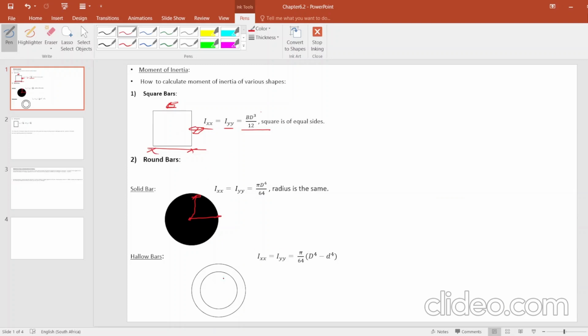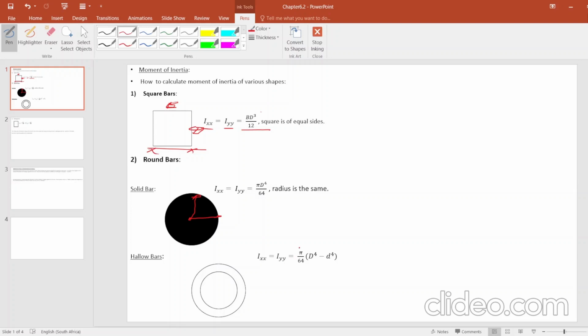It is the same as your square. Now when you are dealing with the hollow shaft, you have to consider the inner diameter and the outer diameter. In calculating the moment of inertia, Ixx equals Iyy. It is the same explanation as the square, solid bars and all that.